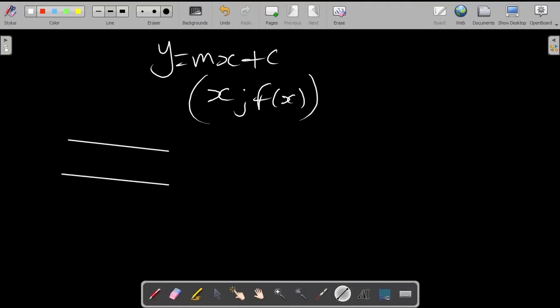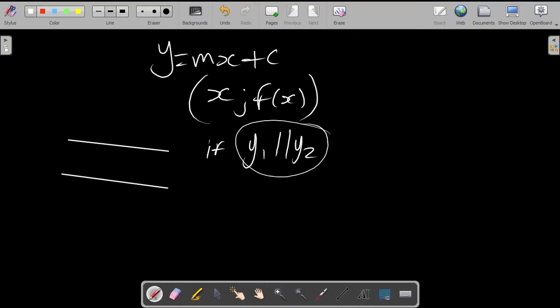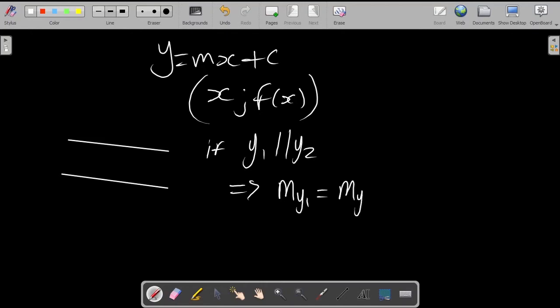So basically there's something like this. And what you can notice from parallel lines is that they have the same gradients. So if y1 is parallel to y2, where y1 and y2 are defined by such a formula, then we can say that the gradient of y1 is equal to the gradient of y2.